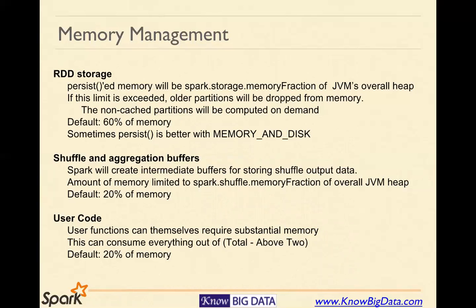So the way the memory is organized is the data that gets consumed is 60% of the total memory allocated to the executor. On every node, the RDD storage at any point of time cannot go beyond 60% by default. 60% of the total allocated memory to the executor.